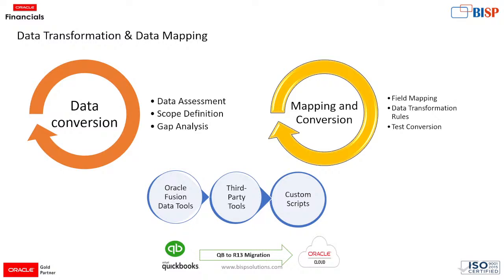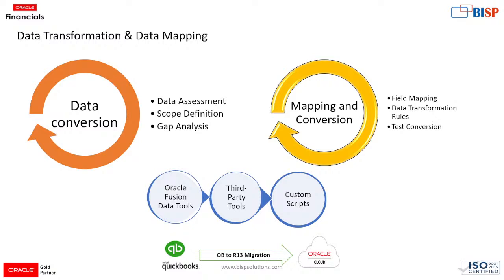Once mapping is completed, you can begin the process of transferring data from QuickBooks to Oracle Fusion seamlessly and efficiently. Or you can say mapping the field in your source QuickBooks to a corresponding field in Oracle Fusion.